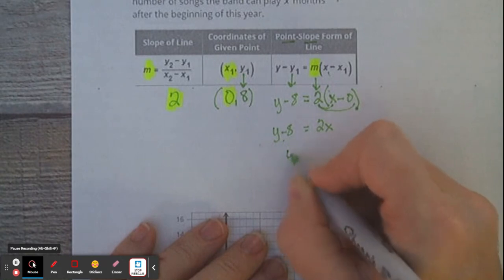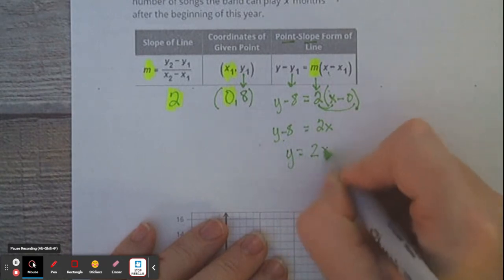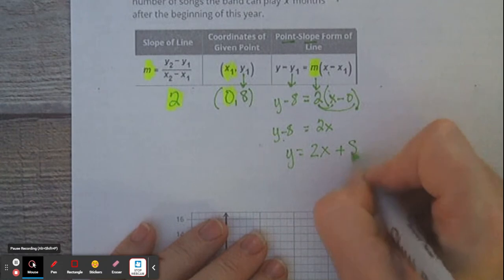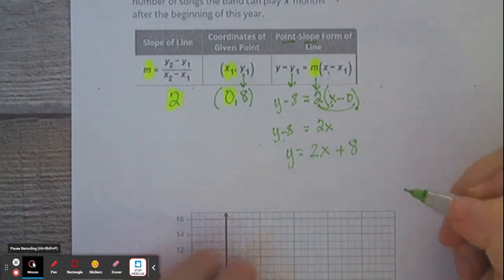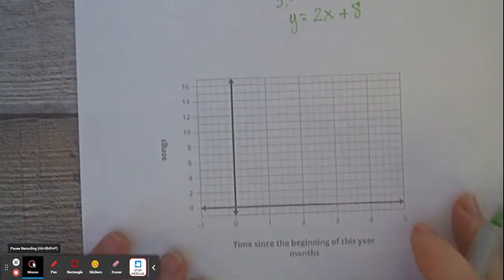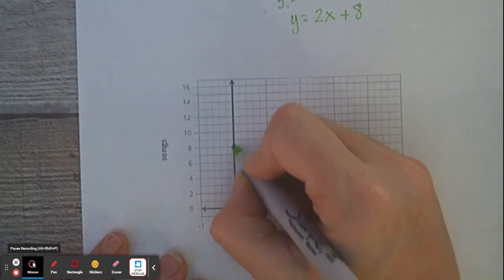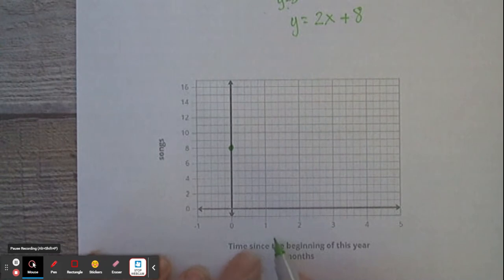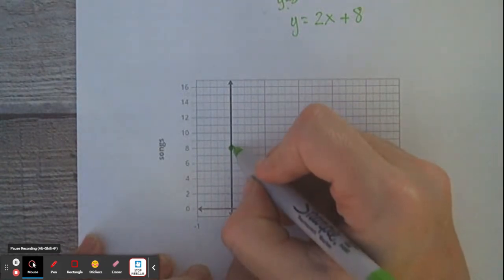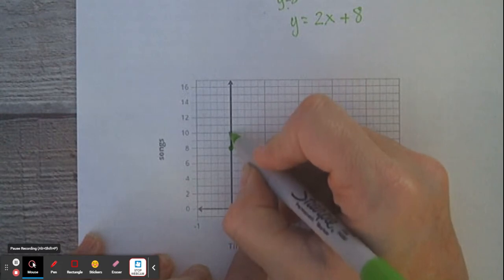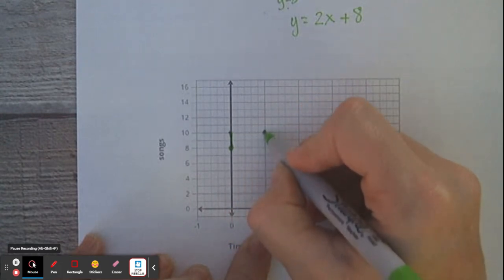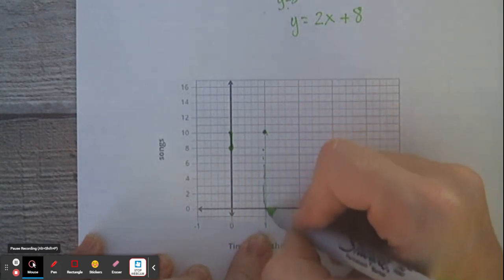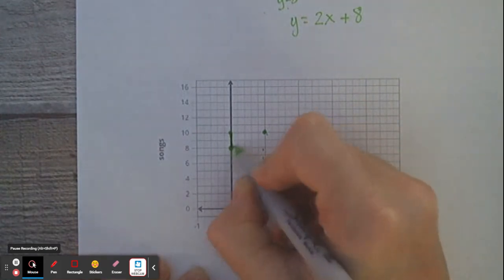So we're going to add 8 to both sides, and we get the equation y equals 2x plus 8. That's our answer. And then you go down here and you graph it. So on the y-axis, we start at 8. And then every time we go over 1 month, we have to go up 2 songs. So I go up to 10, and I go over to 1. Because I'm reading these units. So here's our line.